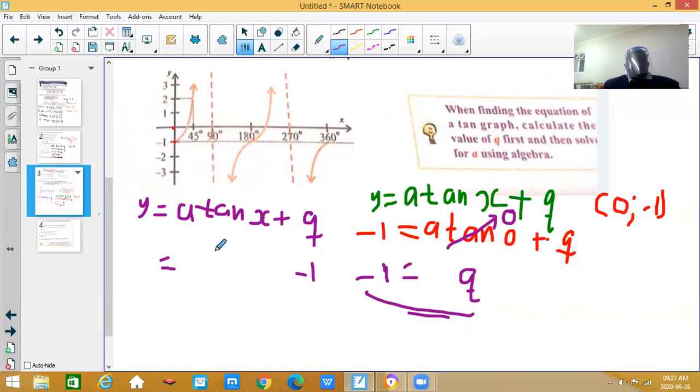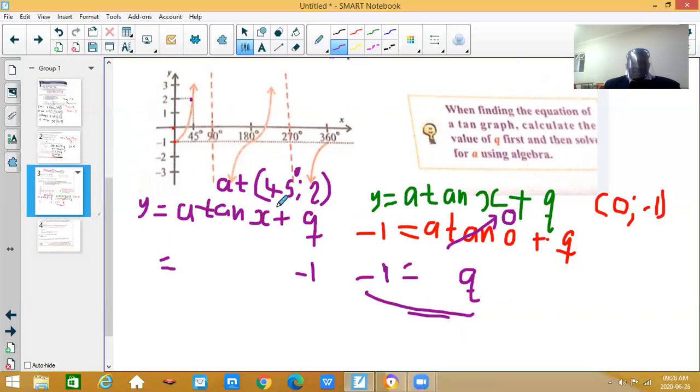Right. Now, you also find another point that is on this graph. We've got so many of them, but you take the easiest. The easiest is this one: the point (45 degrees, 2).